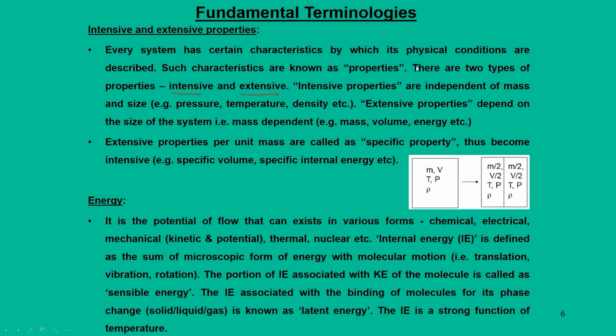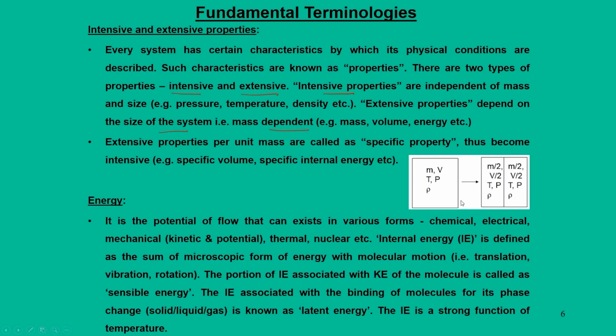Intensive properties are independent of mass and size, for example temperature, pressure and density. Extensive properties depend on the size of the system, that is, they are mass dependent, for example mass, volume and energy.